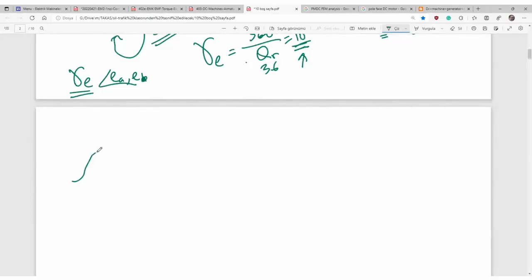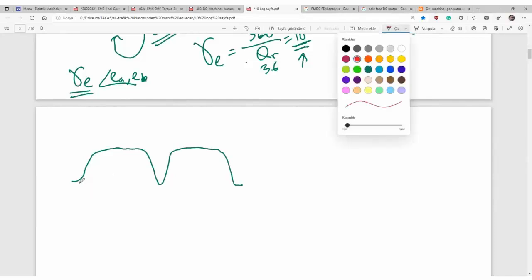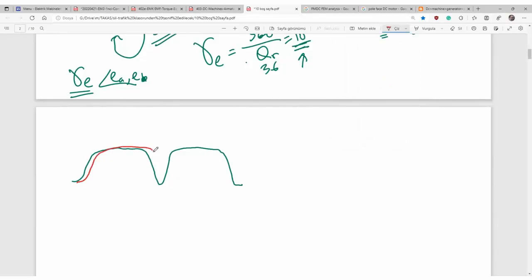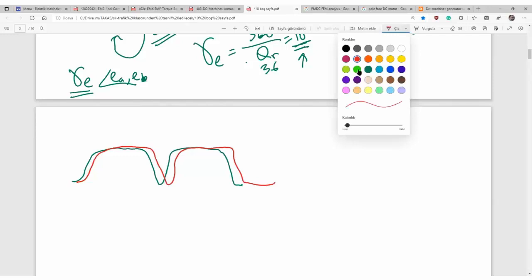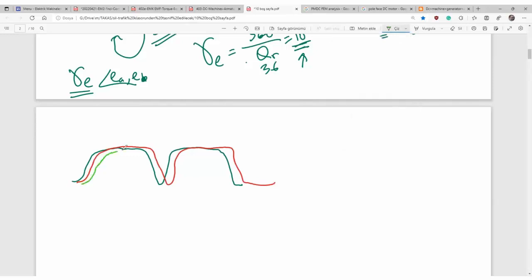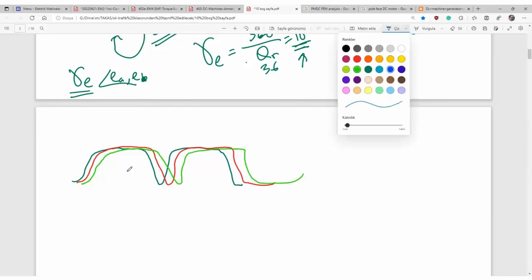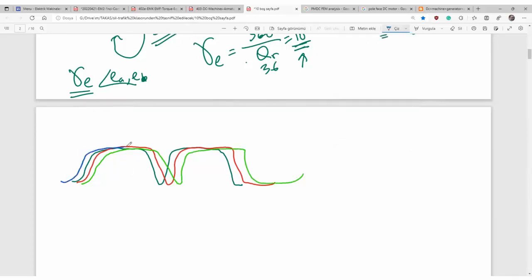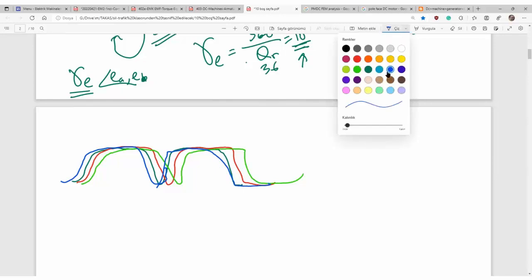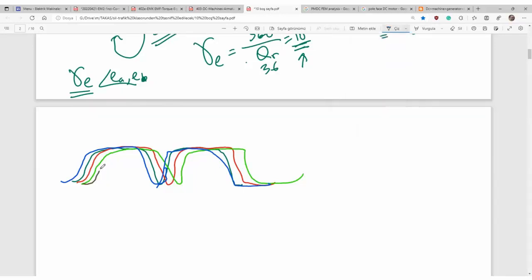Here is the first rectified voltage. Here is the second one after 10 degrees. Here is the third one. Here is the fourth one. Excuse me, it is difficult to draw. Fifth one.